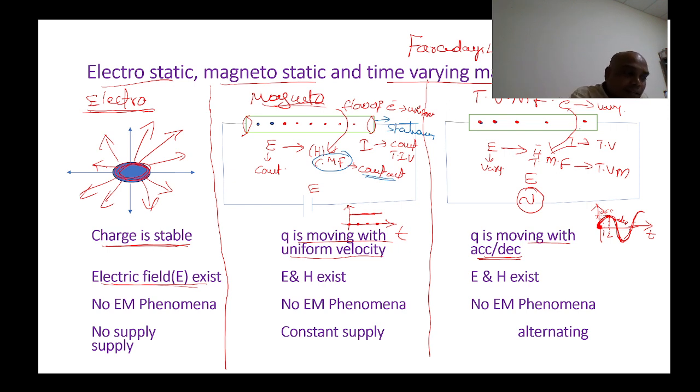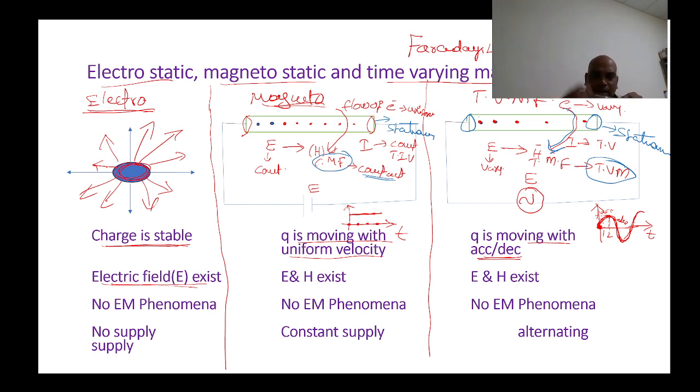But coming to the third case, here the conductor is stationary, but the magnetic field developed in the conductor is time varying. The magnetic field will rotate clockwise or anti-clockwise.